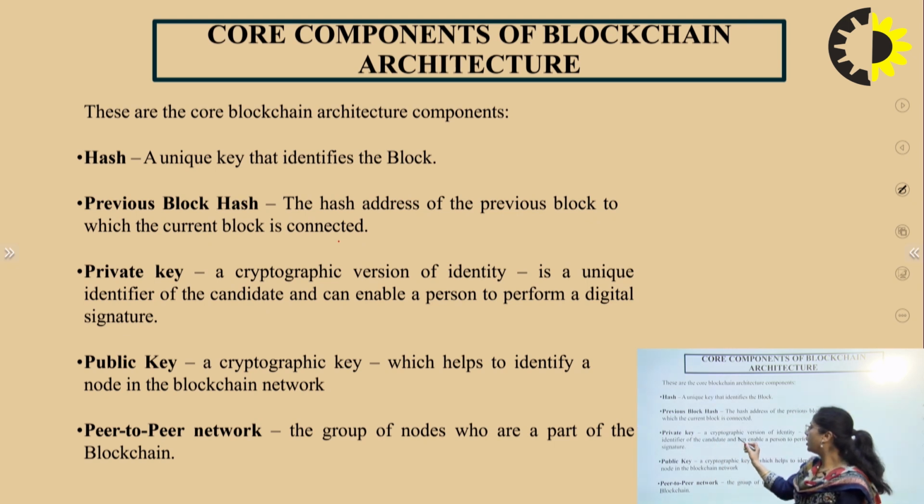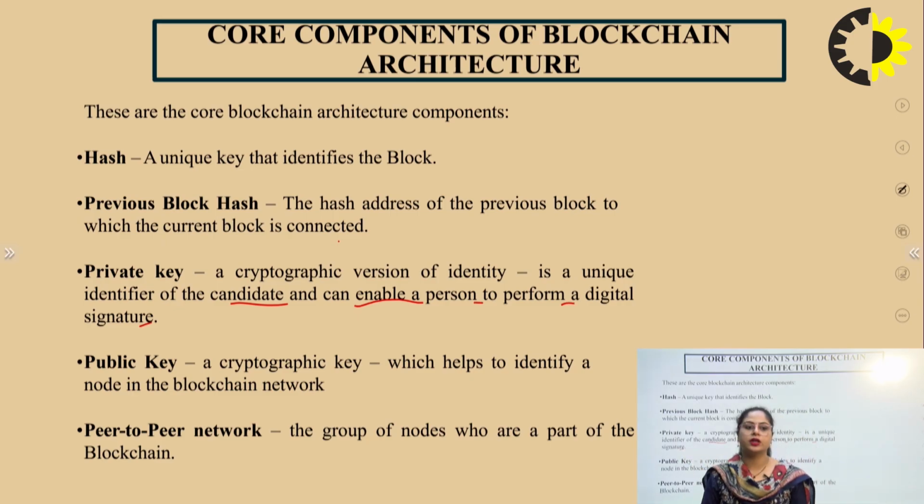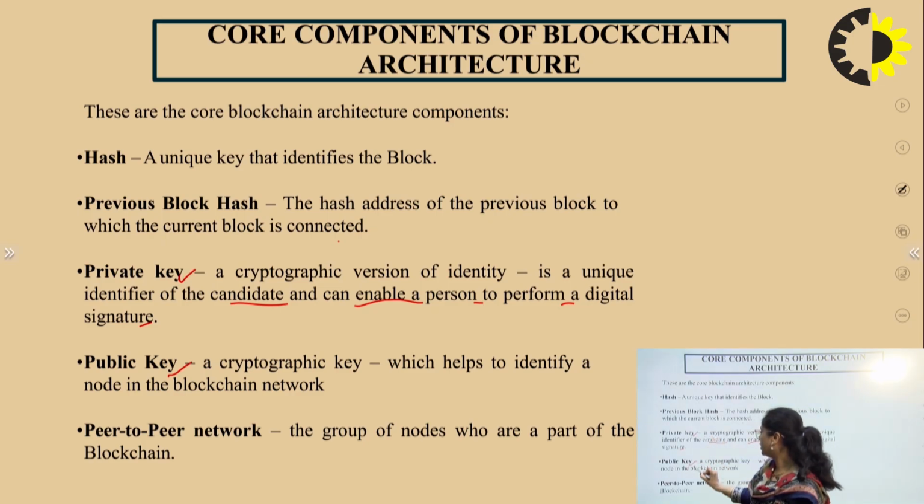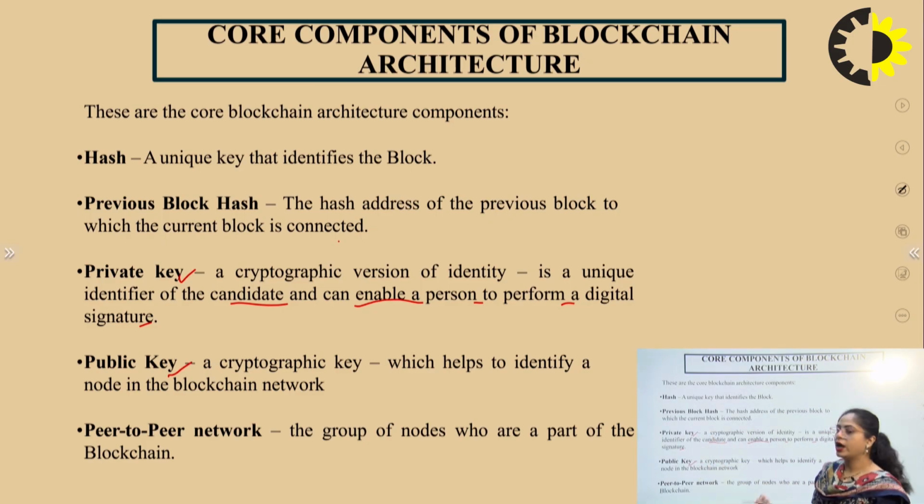Private key, a cryptographic version of identity, is a unique identifier of the candidate and can enable a person to perform a digital signature. Here, for the digital signature, a customer can use their private key. Public key, a cryptographic key which helps to identify the node in the blockchain network. To identify a node, we use the public key.